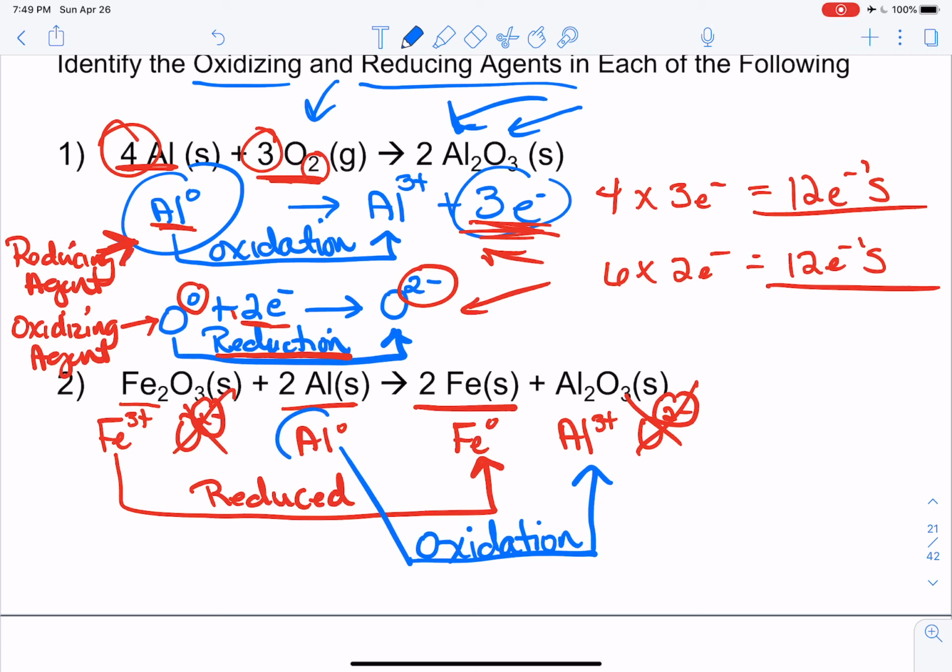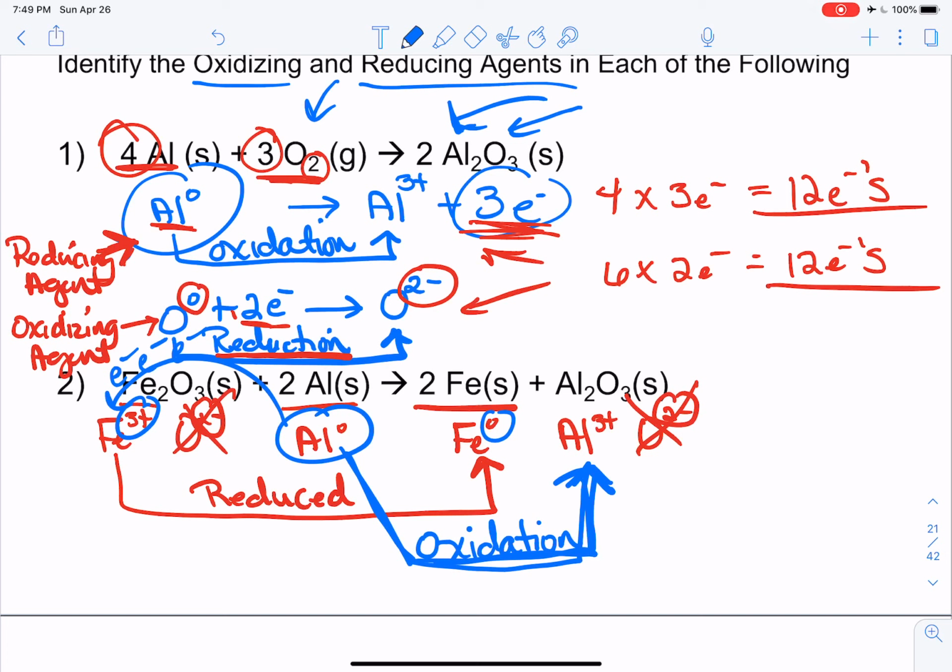So the aluminum right here lost how many electrons to go to +3? It must have lost 3 electrons, okay? So bye-bye 3 electrons. And what happened to those 3 electrons that the aluminum loses is it transfers them on over to the iron. And so that iron +3 grabs those 3 electrons and it goes from iron +3 to iron 0. And grabbing negative charges means that your number is going to be reduced.